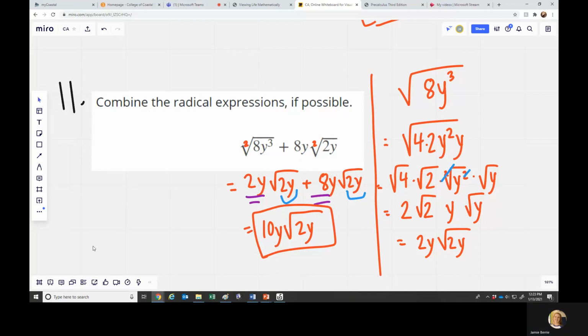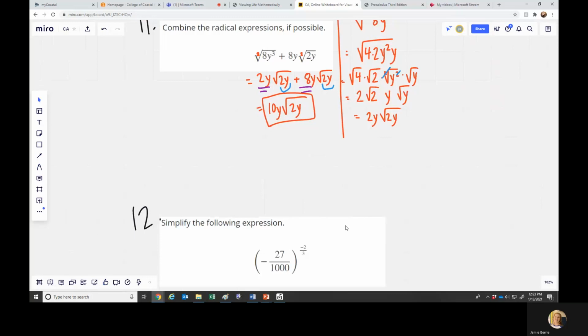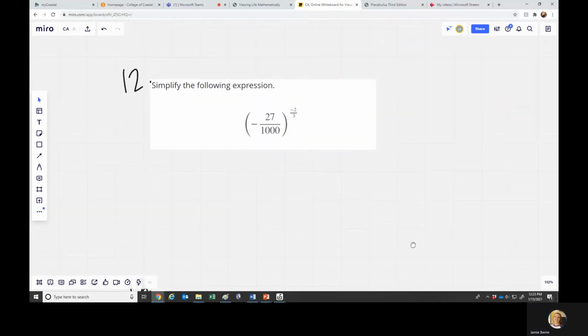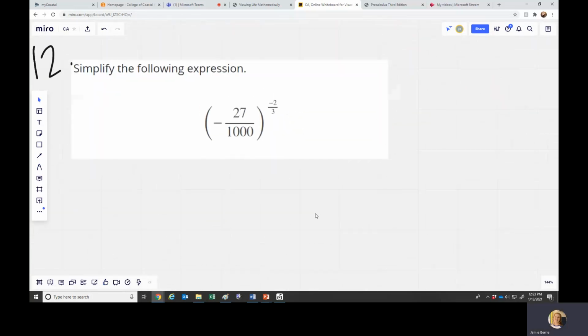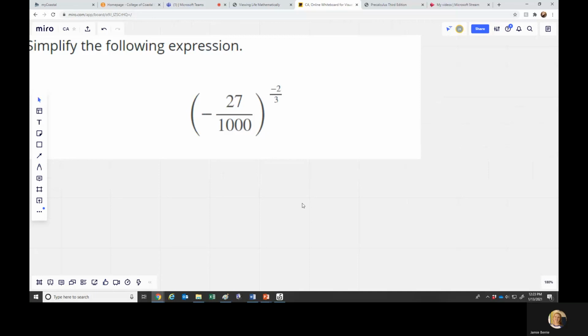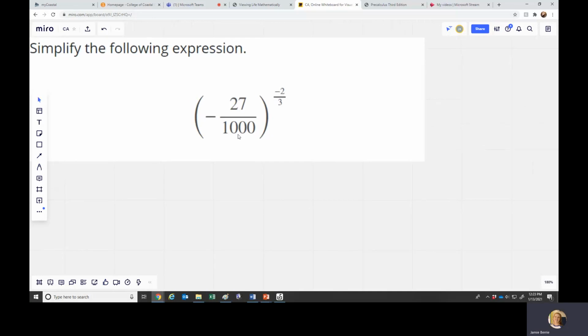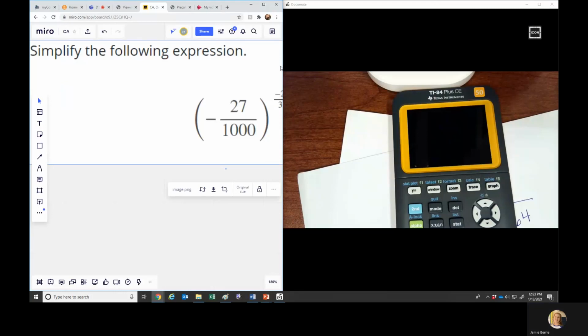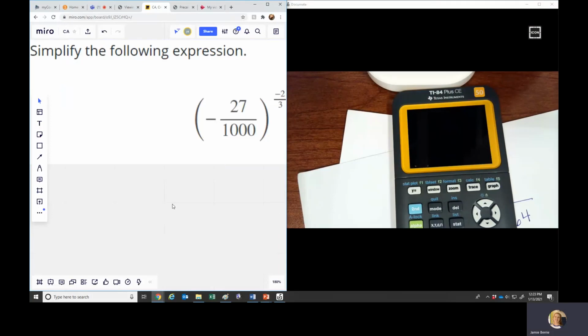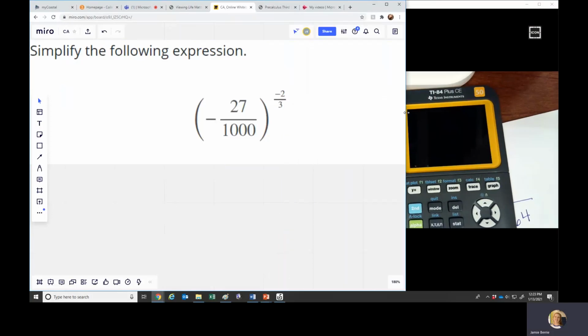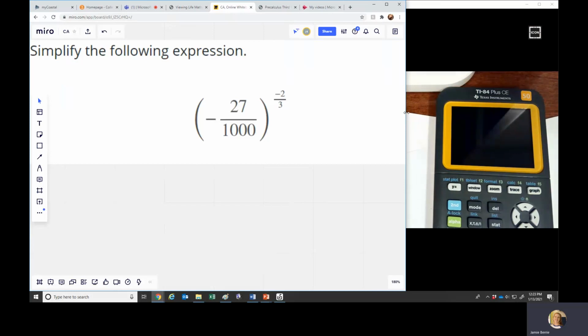Okay, we have a couple more. All right, so this one we're going to do in our calculator, so let's get that pulled up. Anytime you're dealing with a problem and it's just numbers, you can probably do it in your calculator.